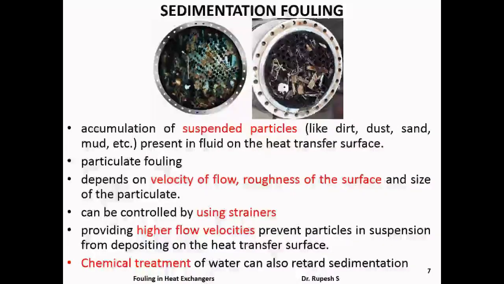Sedimentation tendency decreases with increase in flow velocity and decrease in surface roughness and size of the particles. Sedimentation fouling can be controlled by using strainers for larger particles, maintaining higher flow velocities, and adding chemicals such as polyacrylates, which retard the tendency of sedimentation.